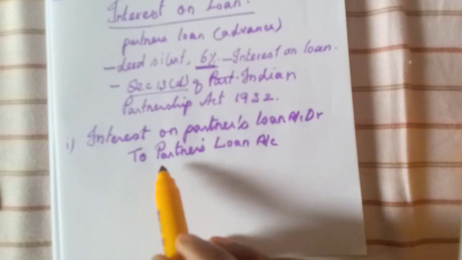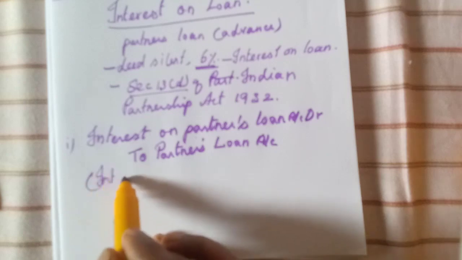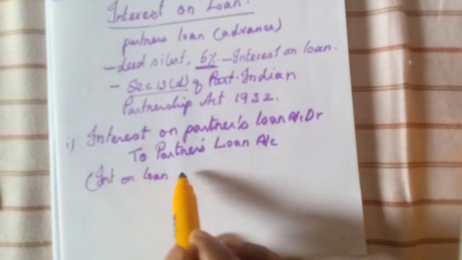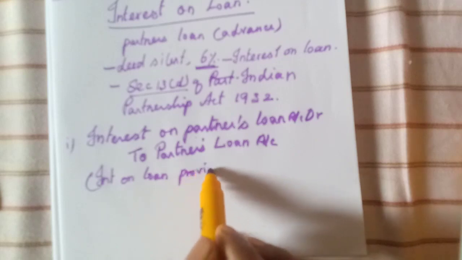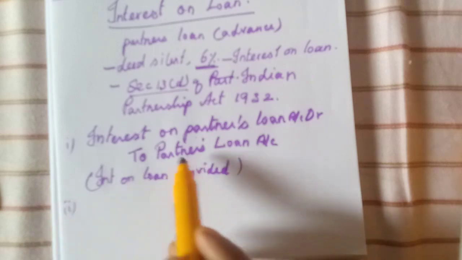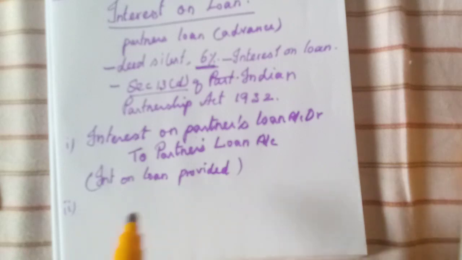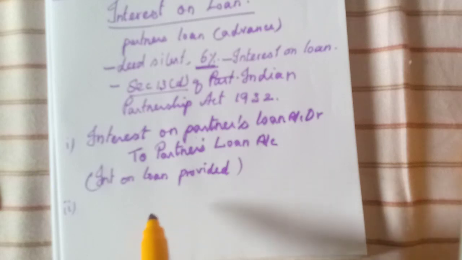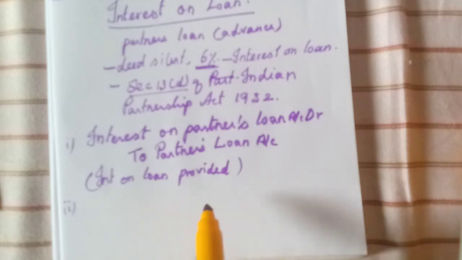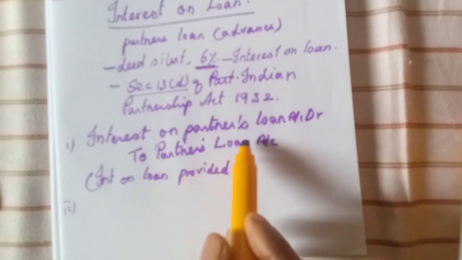Now we can write here: interest on loan provided, or due, whatever you can write. Then we need to transfer this interest on partners' loan to the profit and loss account, not the profit and loss appropriation account, because even if the firm has profit or loss, this interest on loan must be given to that particular partner.